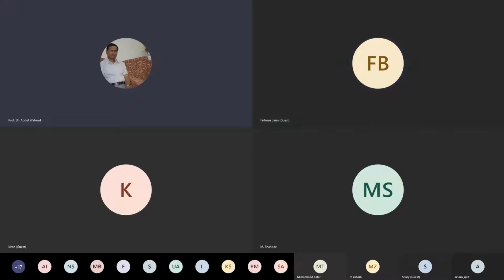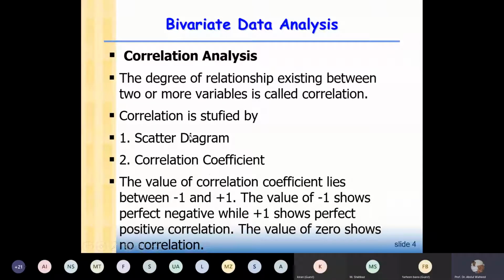Correlation is basically the degree of relationship existing between two variables in a bivariate data analysis. We study correlation through a scatter diagram, or we study correlation through the correlation coefficient.